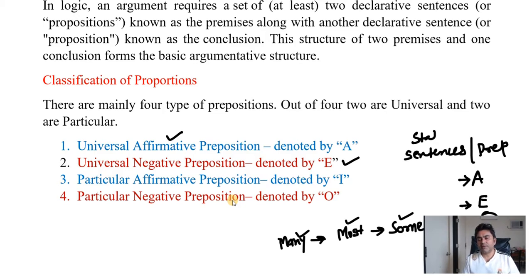Then the O type of proposition: again, you are talking about many, most, or some, but the connotation is negative. So these are the four types of proposition that you need to understand. Out of these, two are universal, meaning it is applicable to all, and two are not universal, meaning it is not applicable to all.